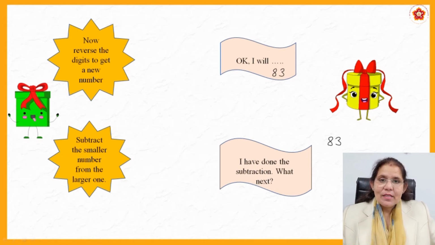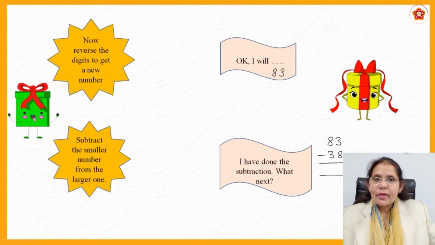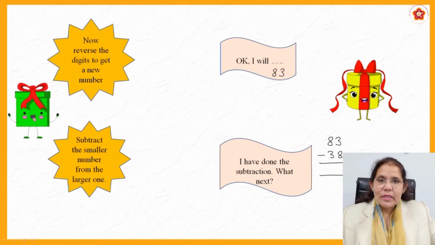So 83 is larger, 38 is smaller. So what is 83 minus 38? First is 13 minus 8 is 5 and 7 minus 3 is 4.